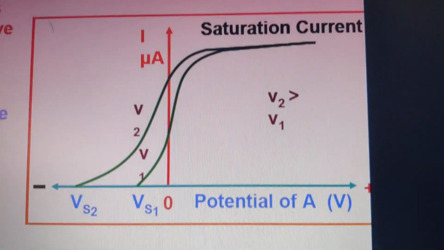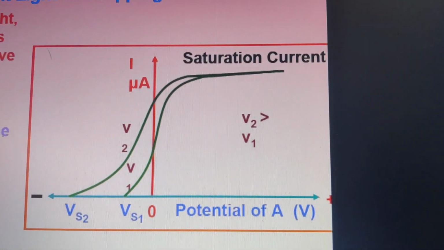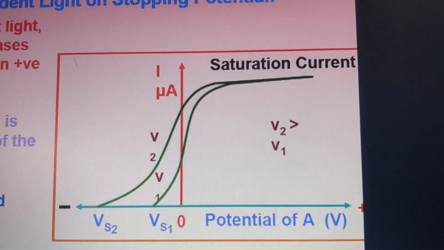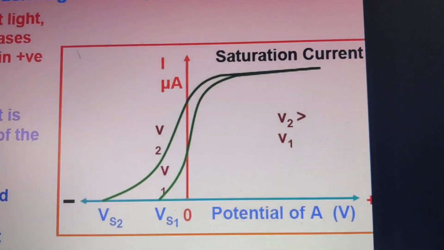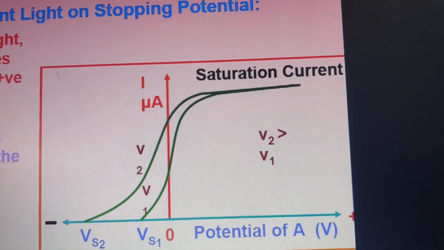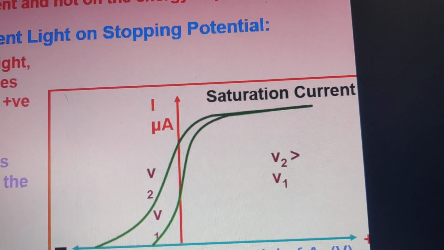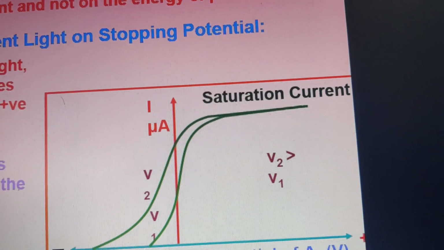You can see from these plots the effect of the frequency of incident light on the stopping potential. For a fixed intensity of incident light, the photoelectric current increases and saturates with increase in the positive potential applied to the anode.